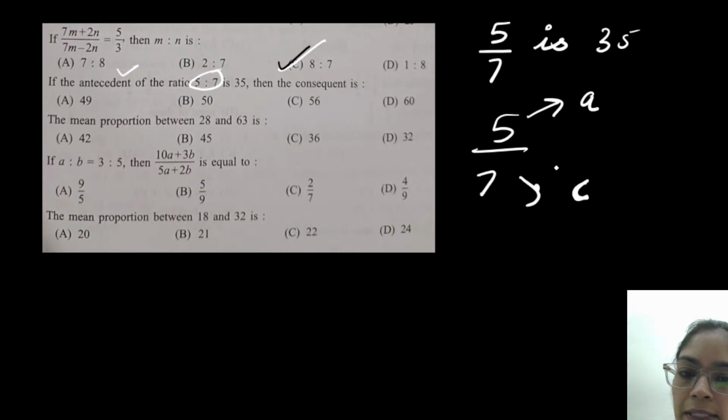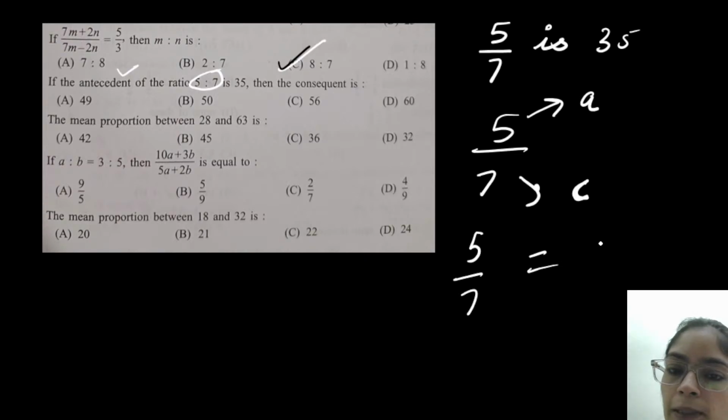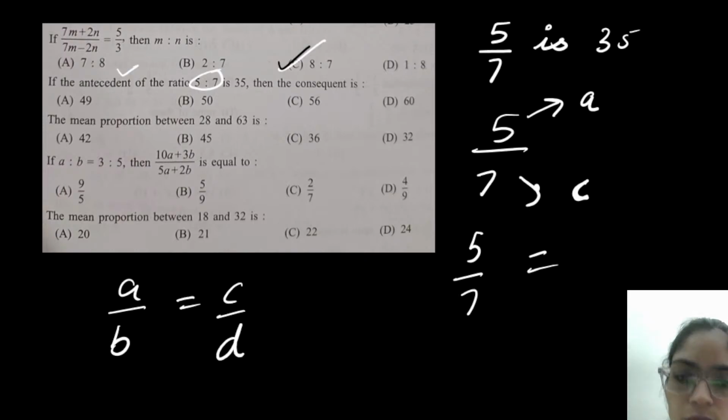So they have mentioned, because we are dealing with proportionality here, that's why this will be equals to something. We are dealing with proportionality, which means the equality of two fractions. So that's why here A's antecedent is always C and B's consequent is D. So the same thing was given to us in this question also.